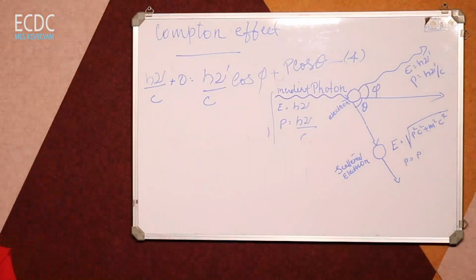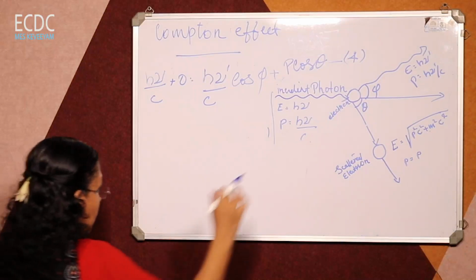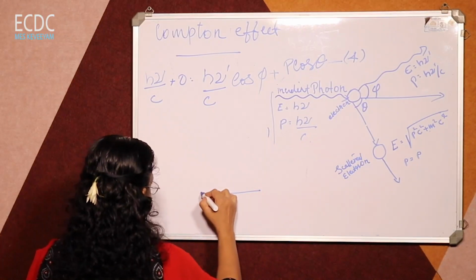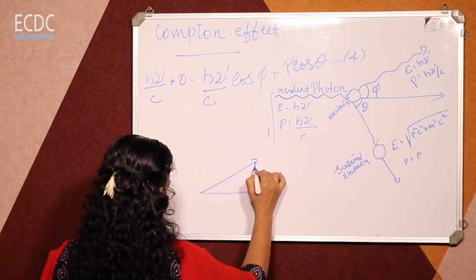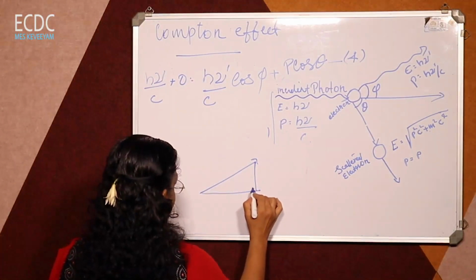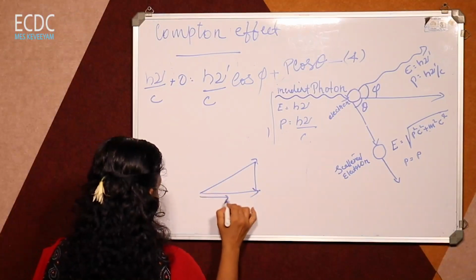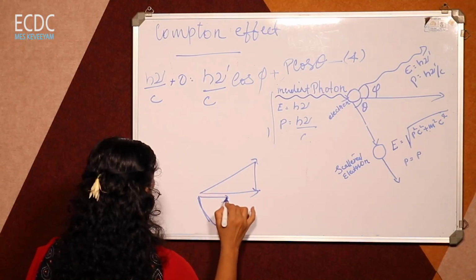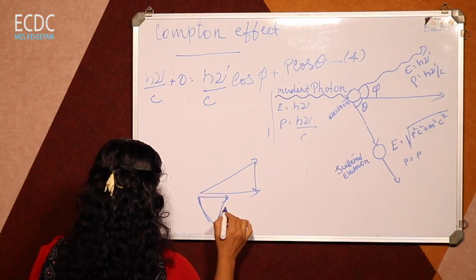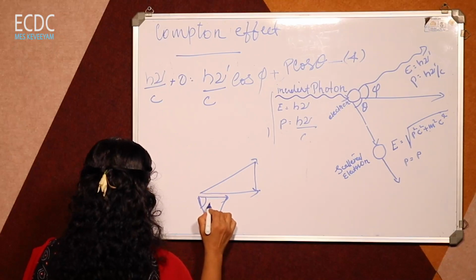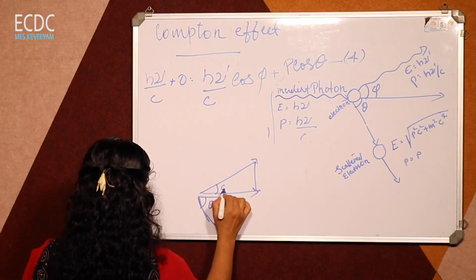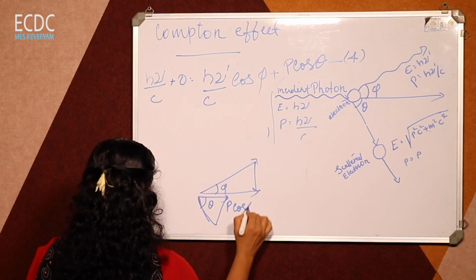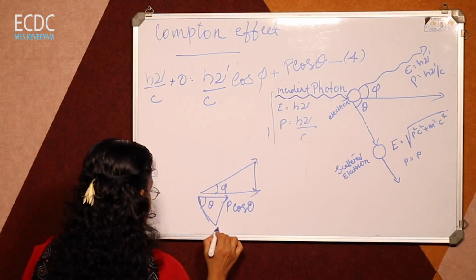So the direction of the photon and the direction of the electron. So this angle is theta and this angle is phi.